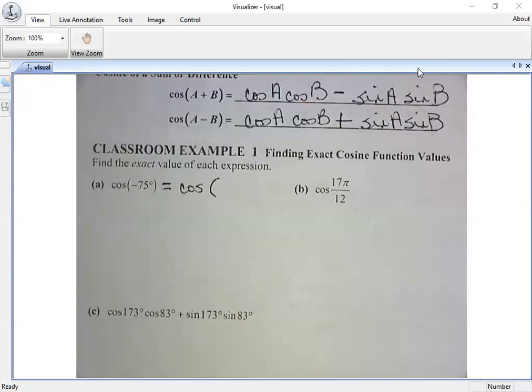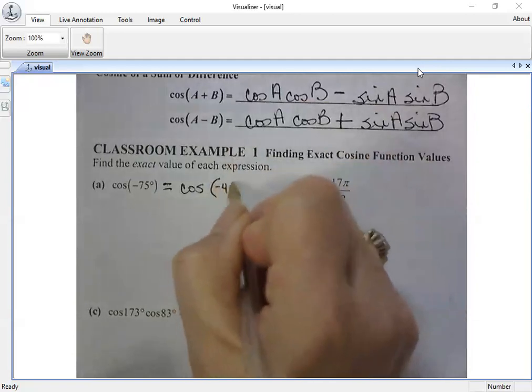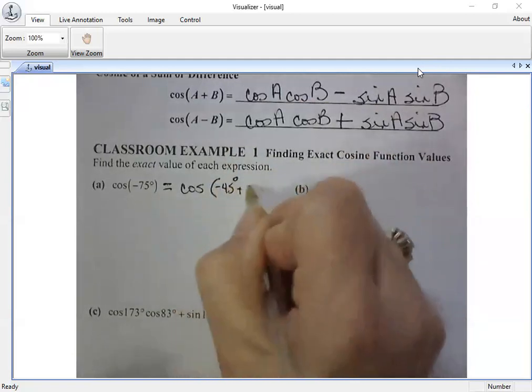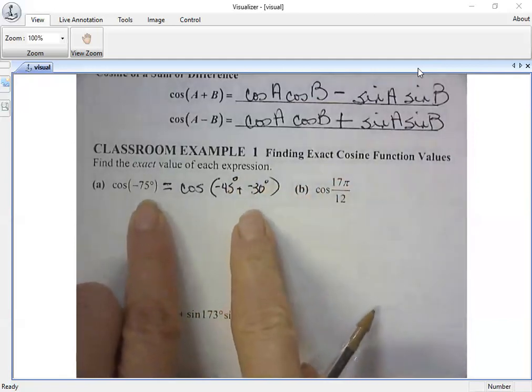So we could maybe use 45. What would we need to use with it to get 75? Oh, 30. Could we do a negative 45 plus a negative 30? Yes. Sure could. Okay. So why don't we write it that way? We could do a negative 45 degrees plus a negative 30 degrees. Because those are equivalent, right?